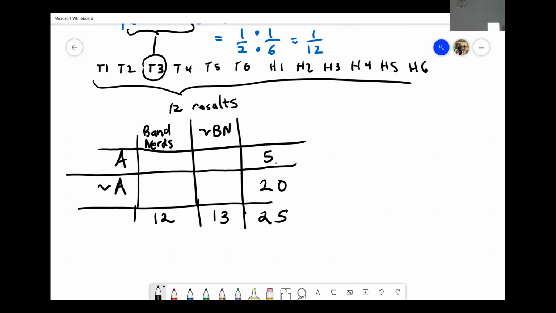Okay, this is what happened. There's nothing we can do about it. It is what it is. So now I'm going to tell you that there were 3 band nerds who had A's. You see that? That's quite a bit. Are band nerds that smart?